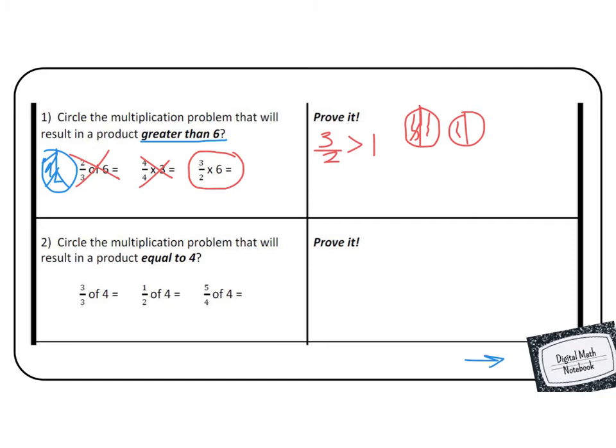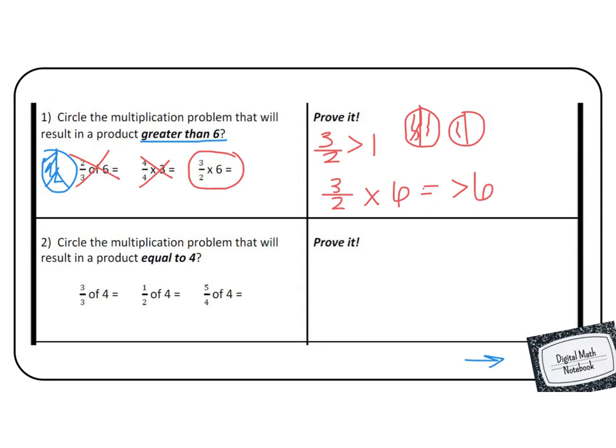So it's more than 1 whole. And if I multiply 3/2 times 6, I know that it is going to get larger than 6.